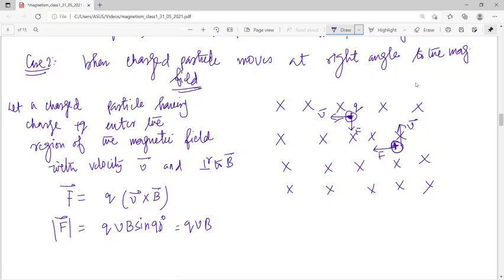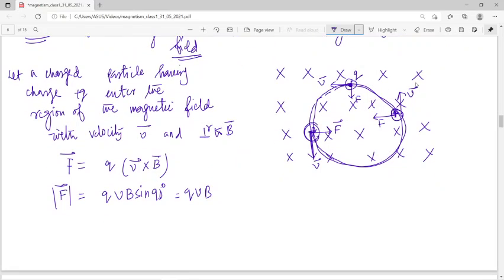That means it actually produces a circular path, because at any point the force and the velocity are perpendicular at each and every time. So that makes a circular orbit.